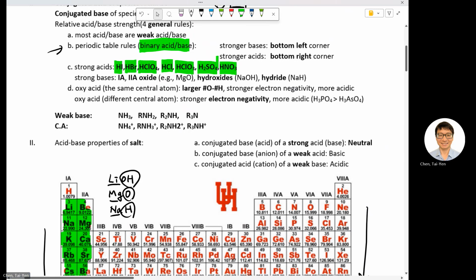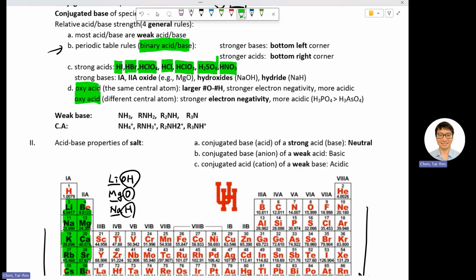So rule number 4 is something called the oxoacid. When we talk about oxoacids, they have this feature: you're going to see H show up in your formula, and multiple oxygens show up in your formula as well, and between these two, you're going to have a center atom.